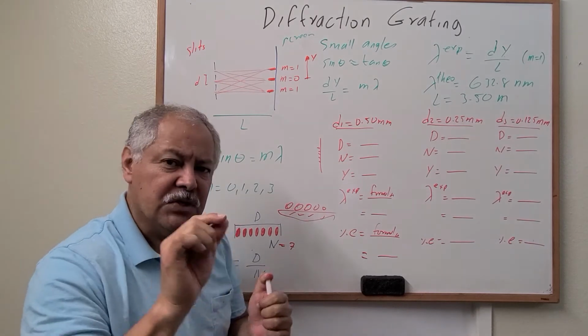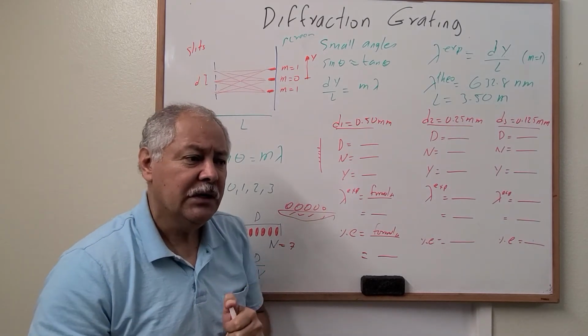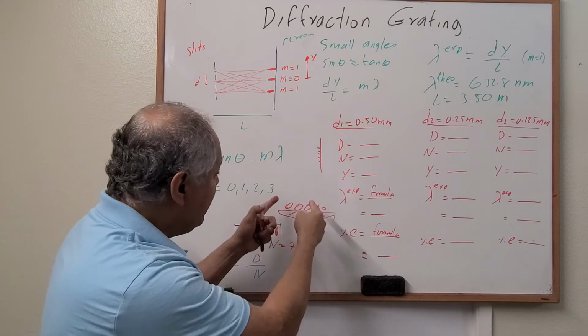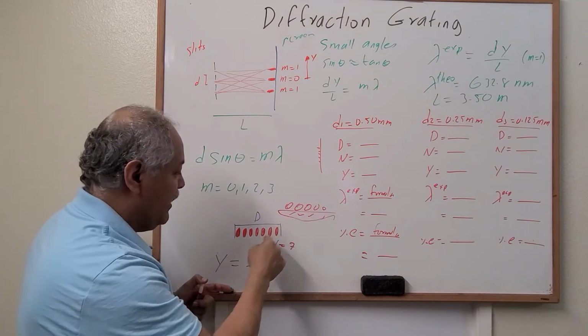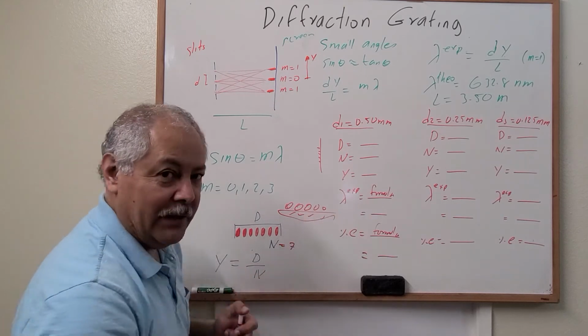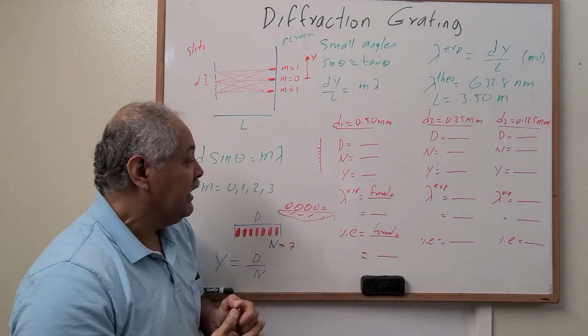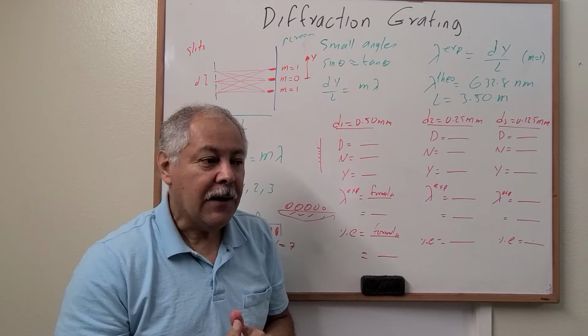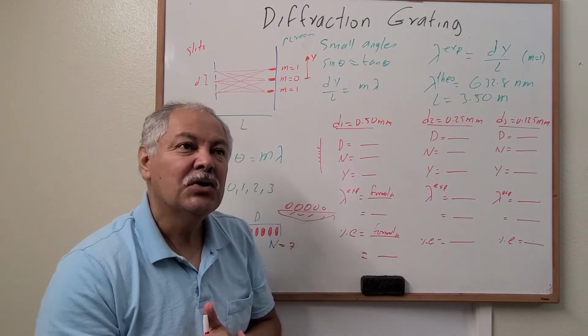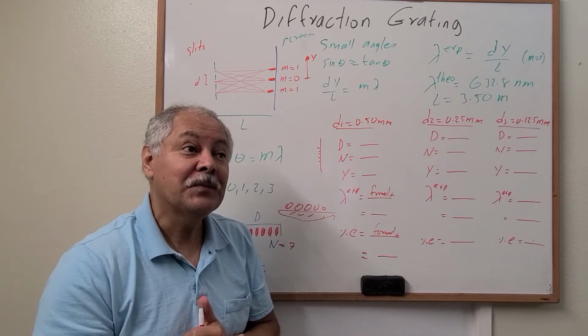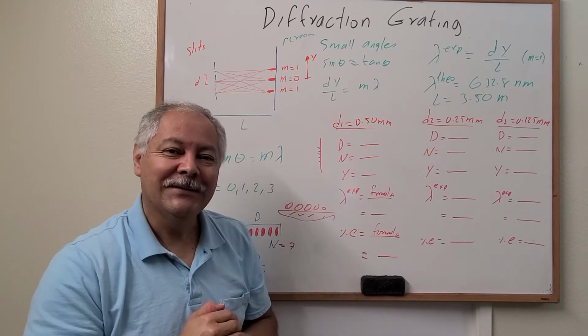Once you get the best picture, please freeze that picture in the computer and measure the distance using this procedure, finding d and n to find y. Let's do it. It's going to be a very interesting experiment, very similar to the interference one.